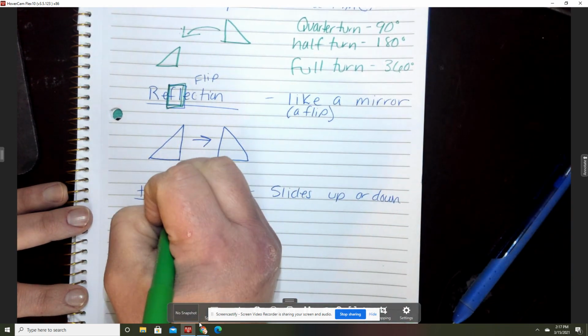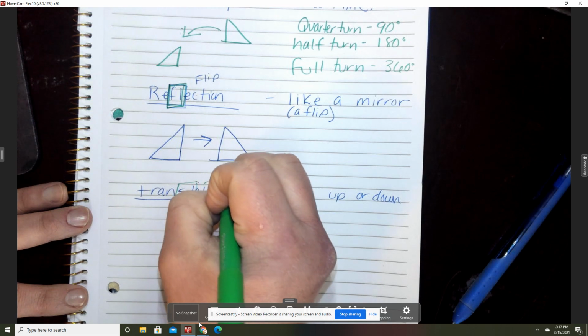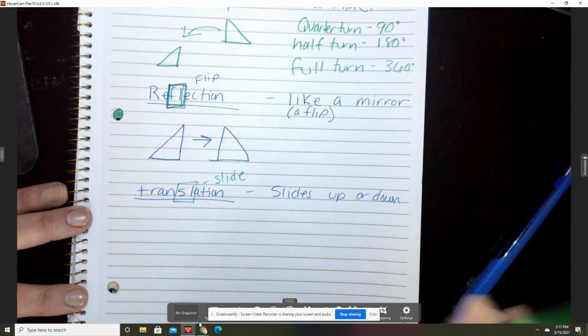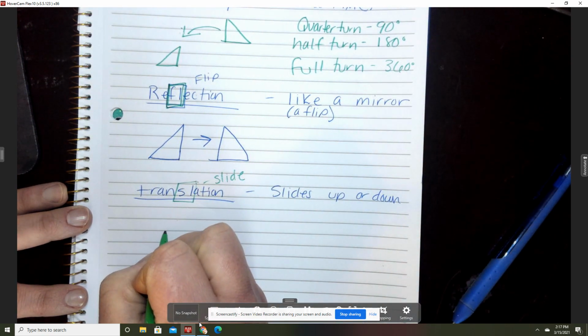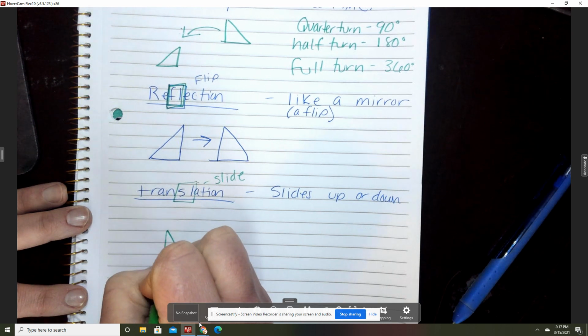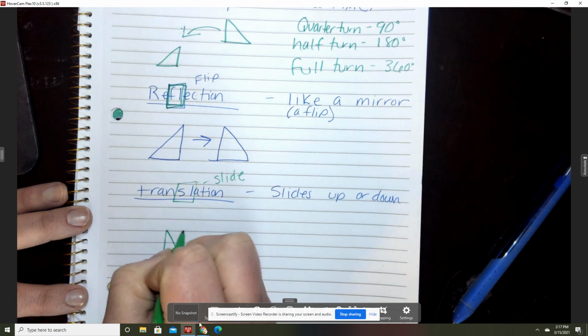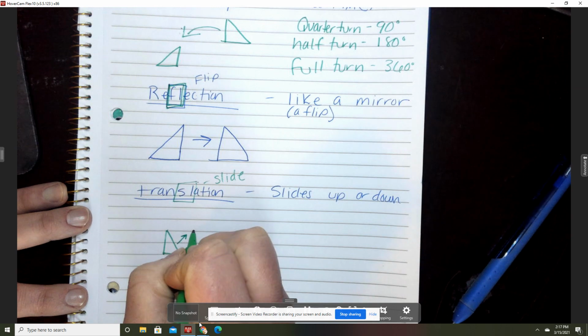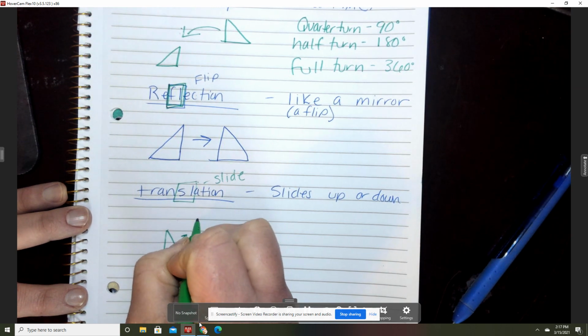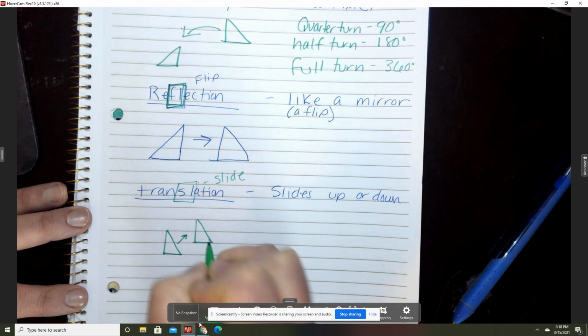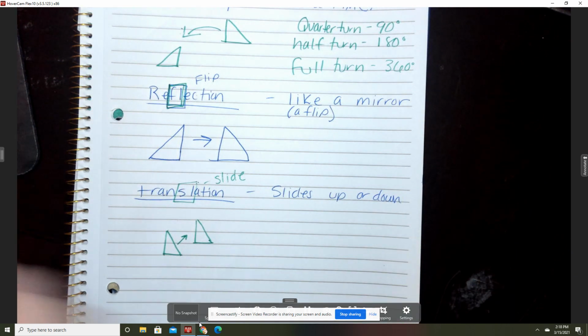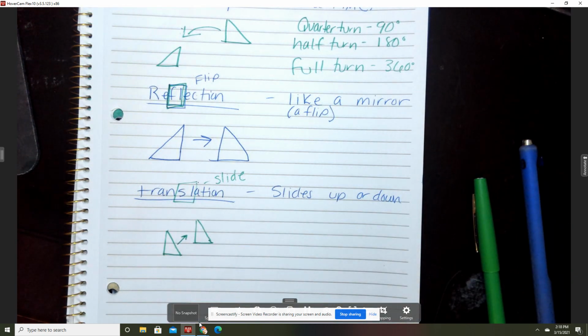And this is slide. So the triangle shapes don't change, but their location does. That makes sense. All right, I'll see you on the other side.